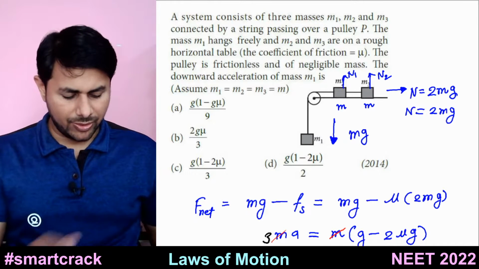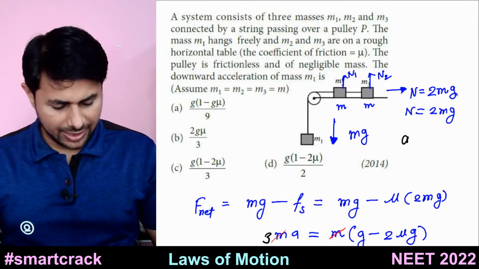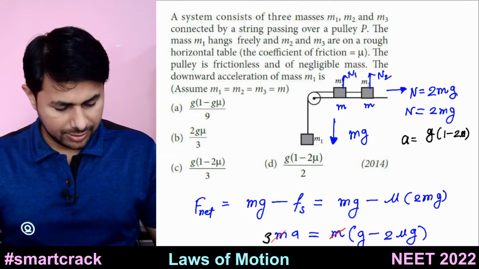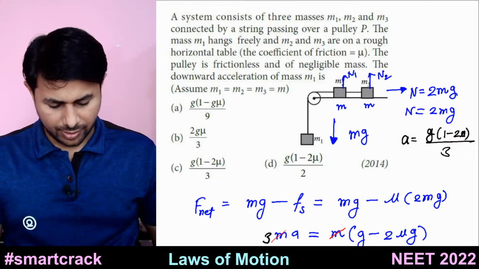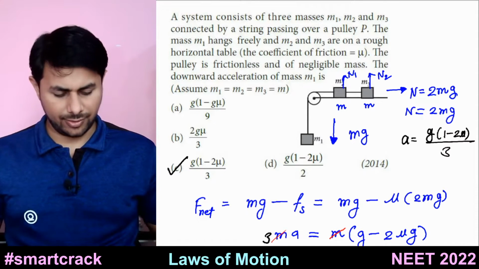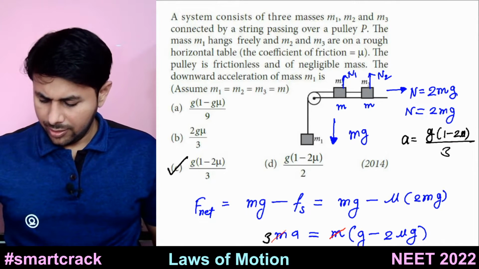So this 3 will go on the other side. We get acceleration equals g times 1 minus 2 mu divided by 3. So this option C should be the answer.